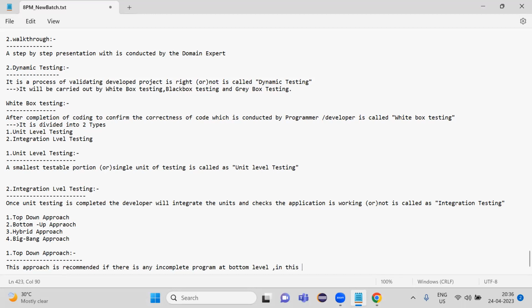In this approach, integration testing will be carried from top to bottom. Then the incomplete program at the bottom will be replaced by a stub.